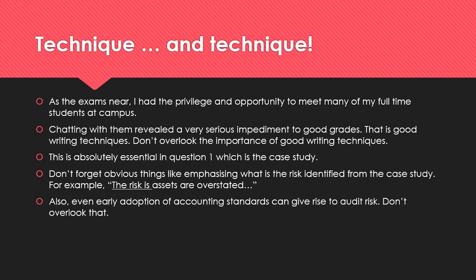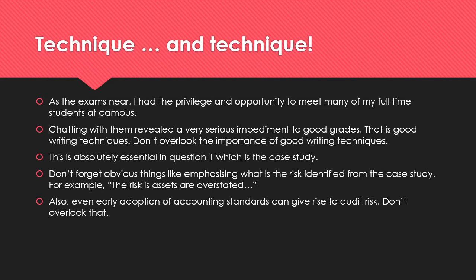You lose marks. I marked quite a few scripts, and students could explain the issue very well, but they fail to point out what is the risk underlying, especially when the question asks to evaluate the risk of material misstatement, right? And you have to exactly point out what is the risk of material misstatement.